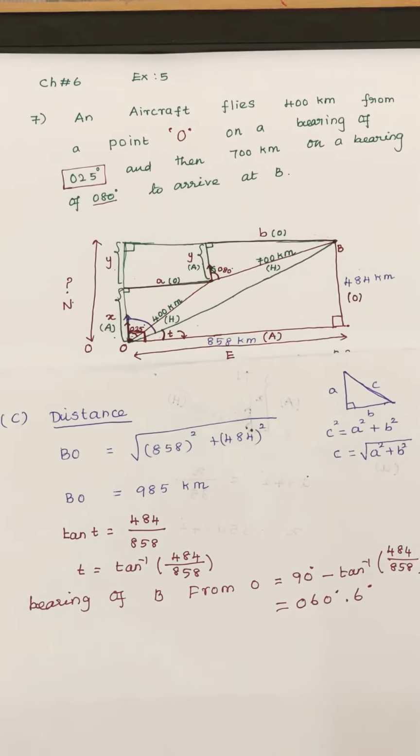Okay. So this is question number 7. Bearing questions, mostly application questions like this, you will get in paper 4, not in paper 2. Paper 2 will ask you very simple questions, like what we discussed in the first bearing class: draw the bearing diagram, given the bearing of A from O, find O from A. Questions like that you will get in paper 2.